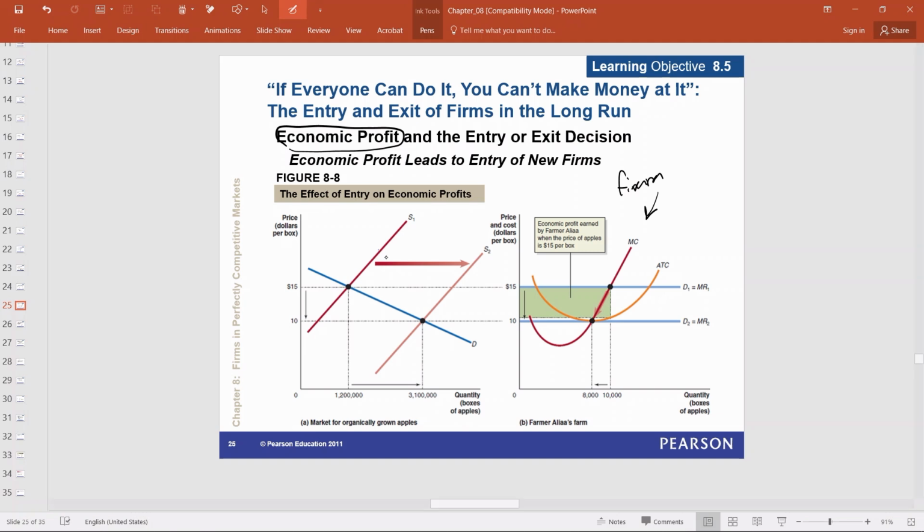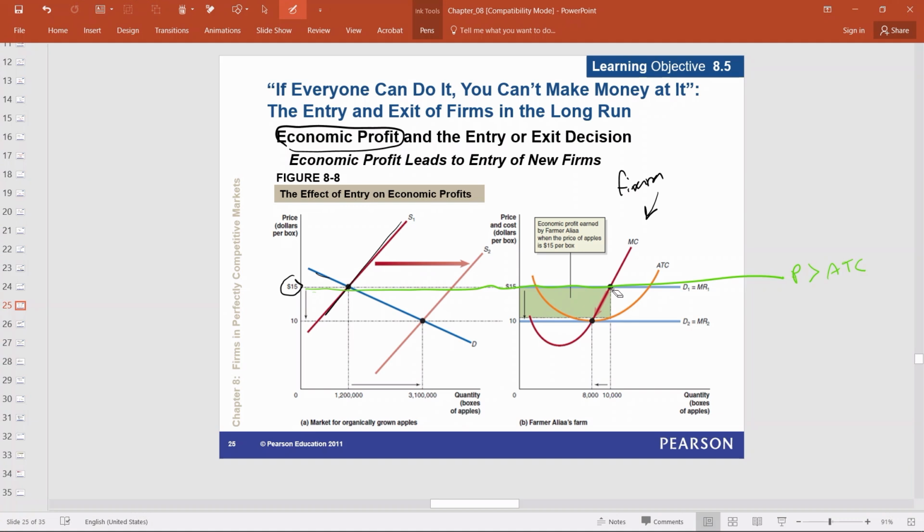So let us start from this curve and start with a price level of 15. And as you notice, at this price level of 15, the price is greater than average total cost.